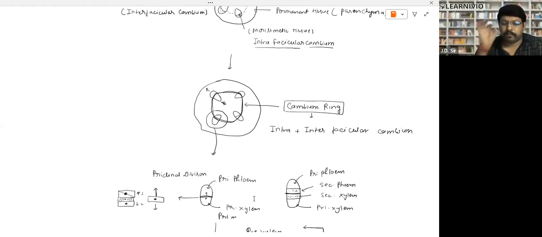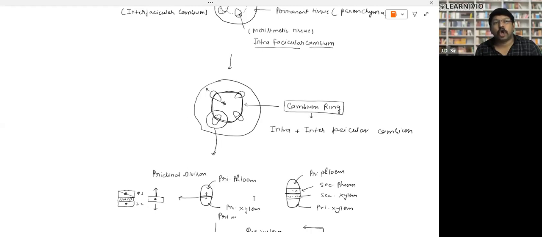Yes, sir. One last point, which is very important. The primary xylem do not get space at core.